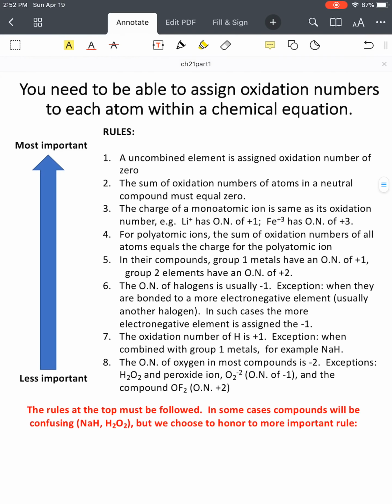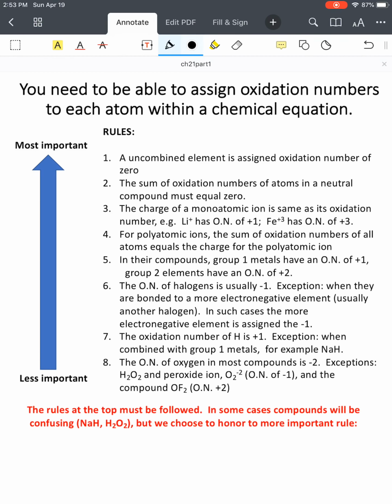Because again, once we get into balancing these equations, this is a must-have skill for you, okay? So to assign these oxidation numbers, there are rules. And sometimes these rules are a little tedious to remember. Not only do we have to remember the rules, we also need to remember their order, as it turns out.